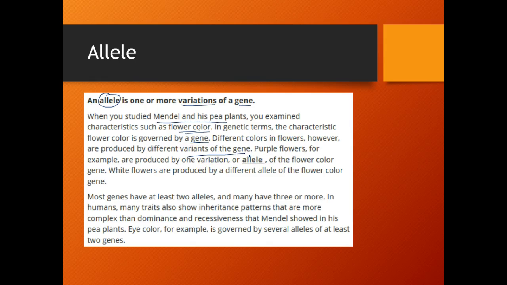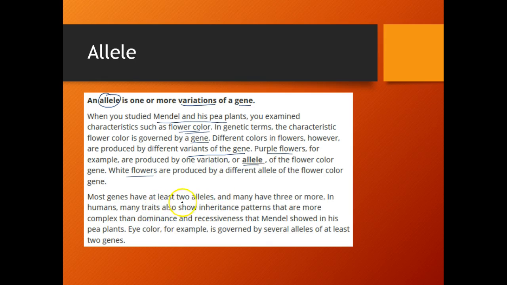So all of the flowers have that same gene, which is flower color, but they may have different variations of that gene. For example, if you have purple flowers, then they must have the purple flower allele or version. If you have white flowers, then they are produced by a different allele of the flower color gene that produces white flowers.